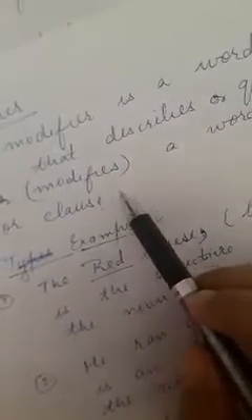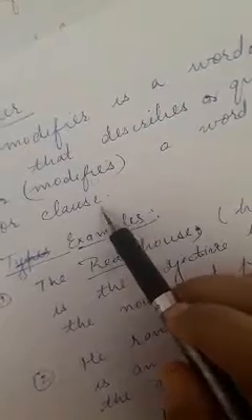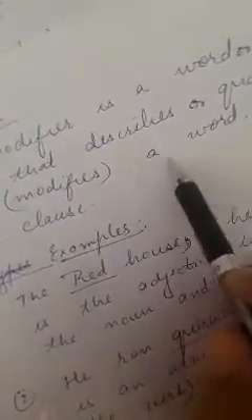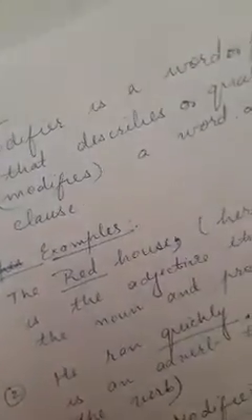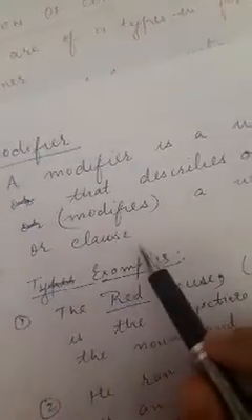So a modifier is basically adding some detailed information or some more specification to an original word or idea by using a word, a phrase or a clause.